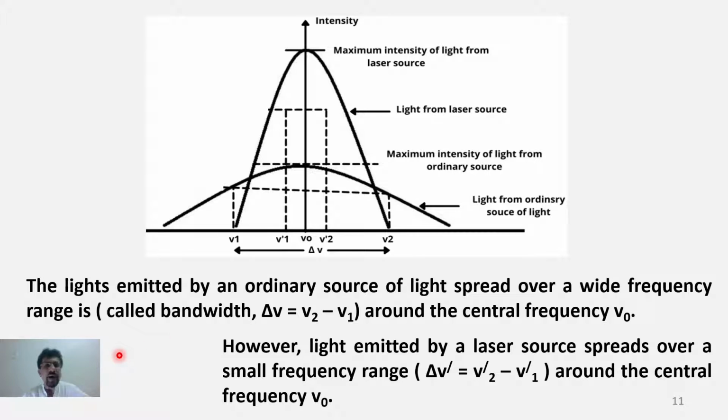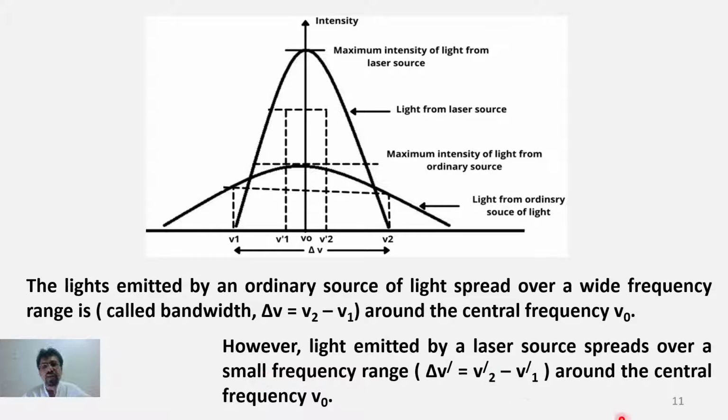The light emitted by an ordinary source spreads over a wide frequency range, and this is called the bandwidth. In the case of the ordinary source, the bandwidth is given by the difference between the two frequencies, del nu equals nu 2 minus nu 1, around the central frequency nu 0.